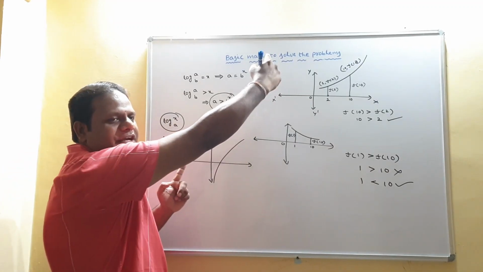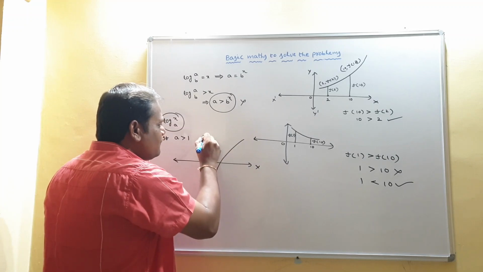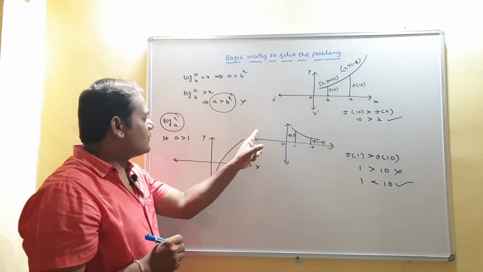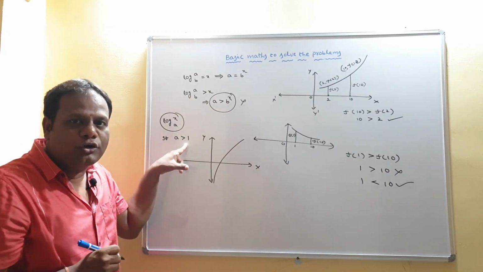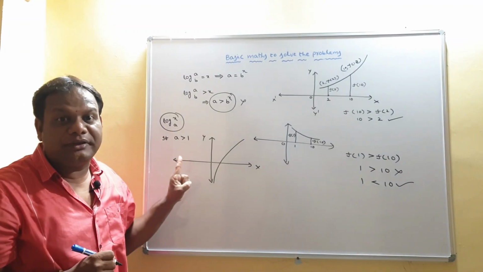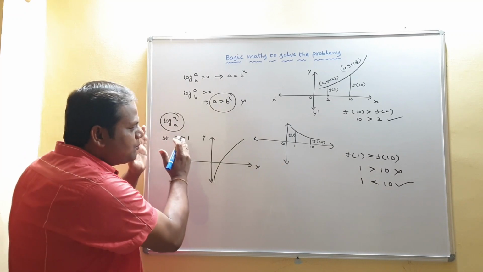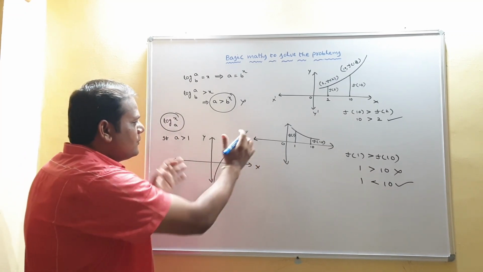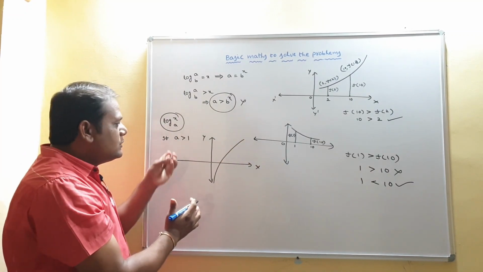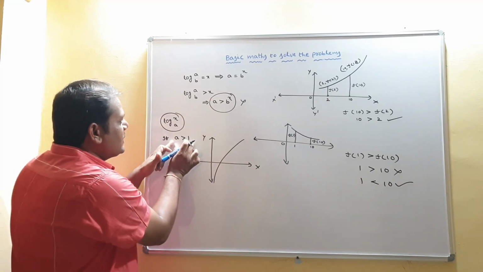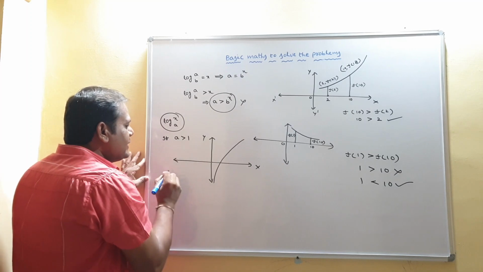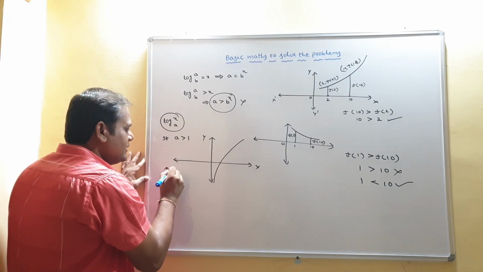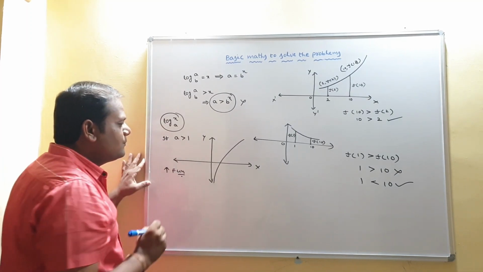Is it an increasing curve or a decreasing curve? Yes, it is an increasing curve. When it is an increasing curve, the base is more than 1. You must remember that. So, if the base is more than 1, log x base a is an increasing function.